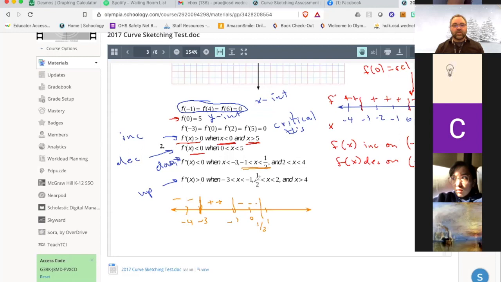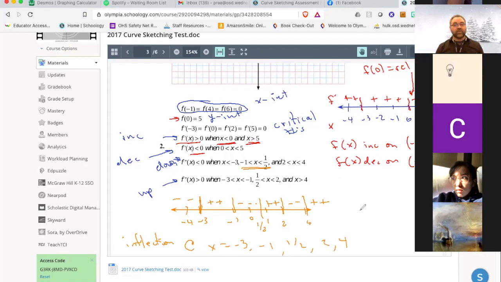And then from 1/2 to 2, concave up. From 2 to 4, concave down, then concave up again. So we've got lots of changes in concavity. So we have inflection at x equals -3, -1, 1/2, 2, and 4.